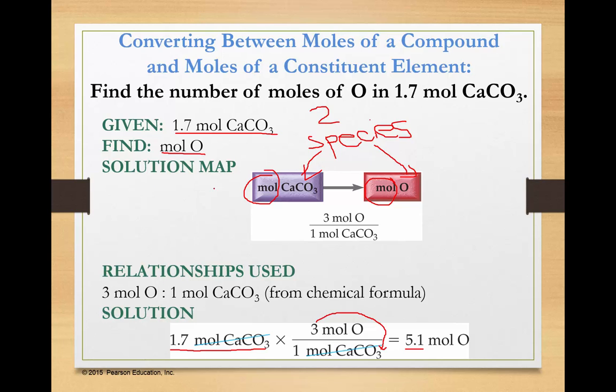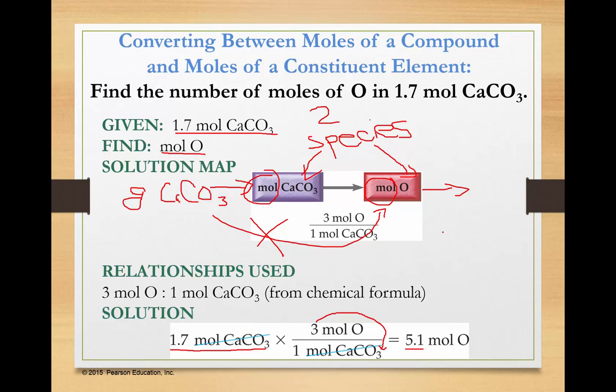I cannot, for instance, let's say I had grams of calcium carbonate and I wanted to know moles of oxygen, I cannot do that directly. Does not work. It has to go into grams of calcium carbonate to moles. Grams to moles has to be the same species. Now I can change from one species to another in terms of moles, and then I can move on from the moles if I need to.